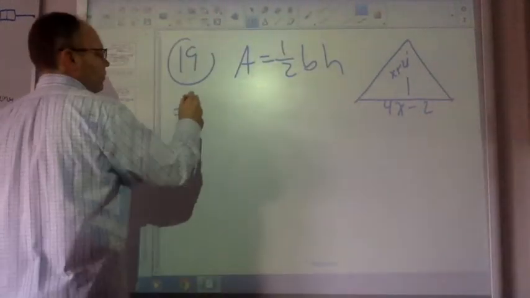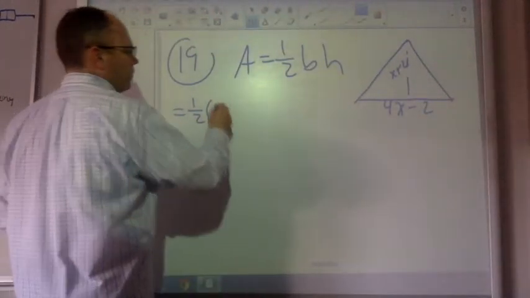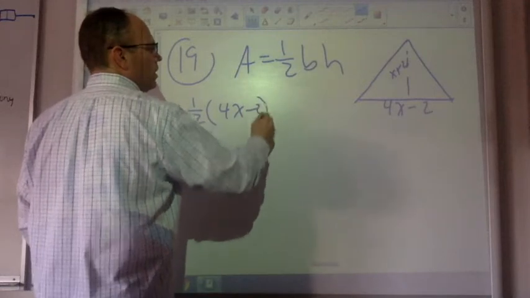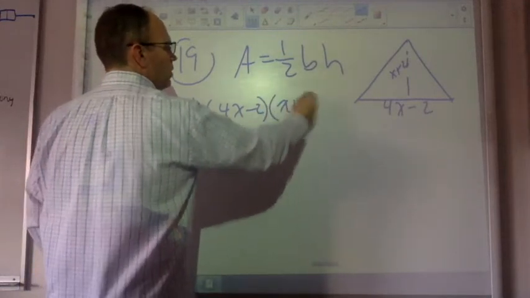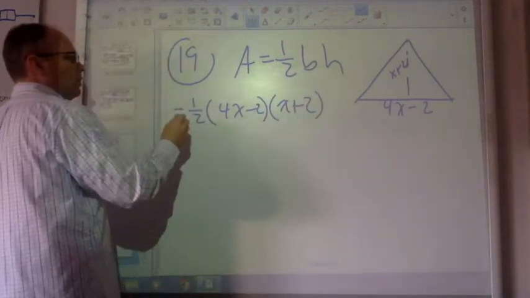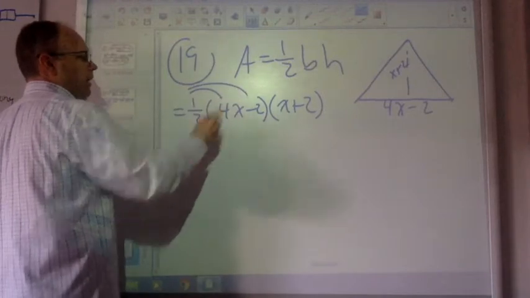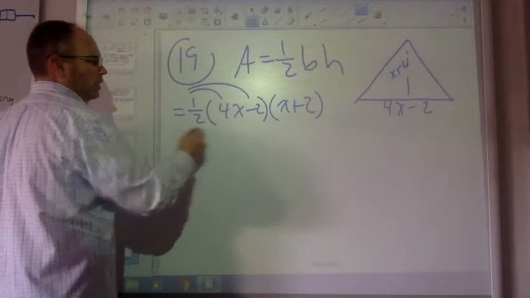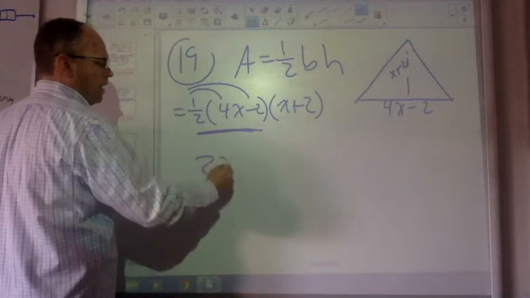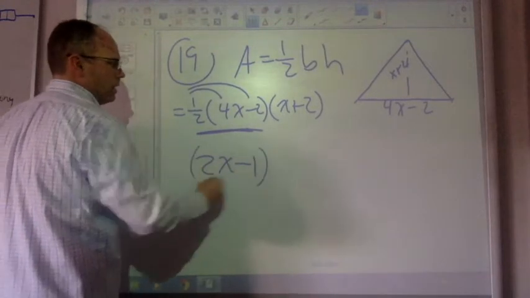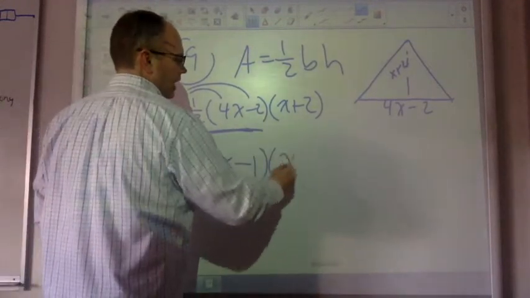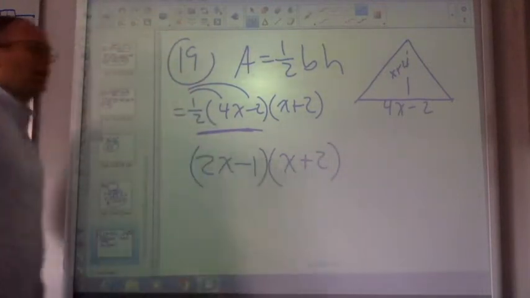So I have 1/2 times 4x minus 2 and x plus 2. I guess if I wanted to, I could distribute that here and here. And that's going to give me, just on this part right here, 2x minus 1. And then multiply times that third. So we take care of the half if you wanted to that way.